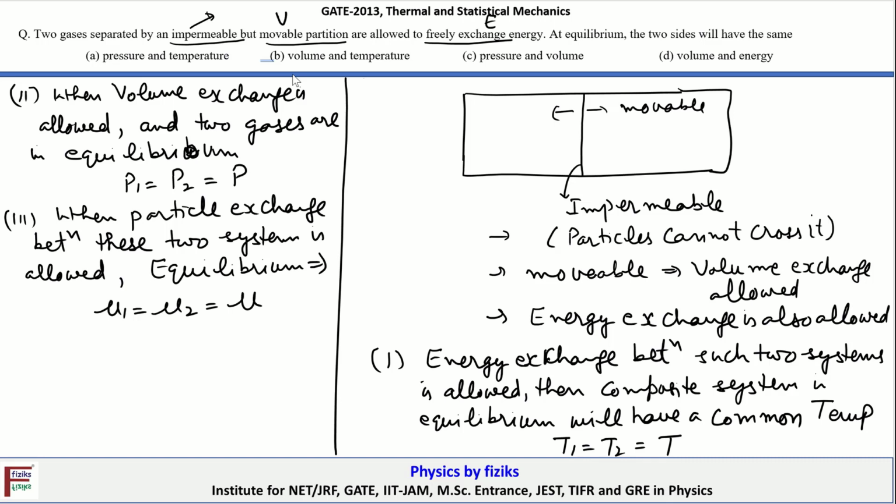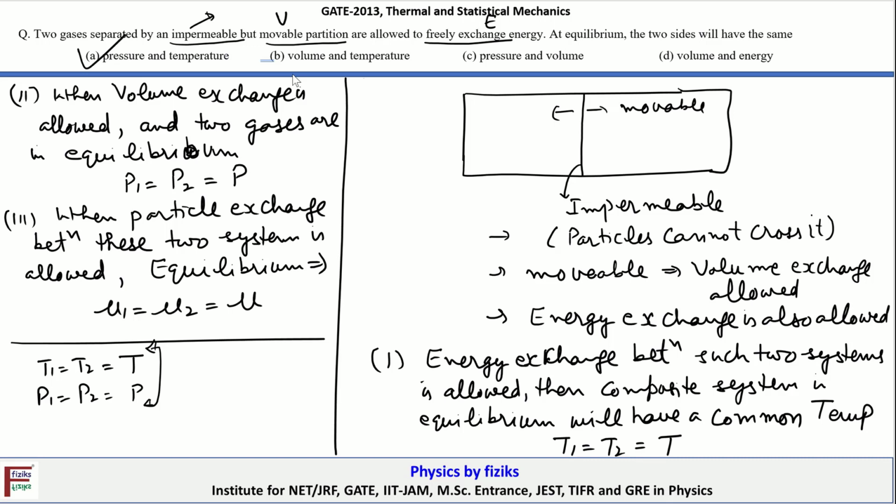The energy exchange ensures that T1 is equal to T2, so the final temperature of the two systems is identical, a common temperature T. The volume exchange ensures that P1 equals P2, a common pressure P. Therefore, for the given constraints, the final temperature and pressure of these two systems should be identical. So option A is the correct one.